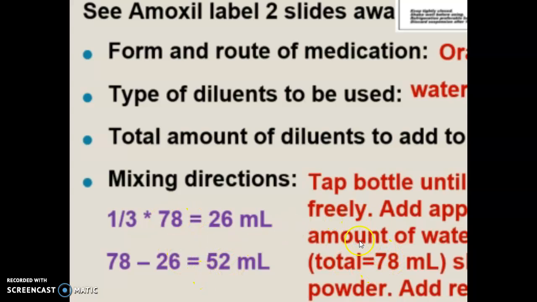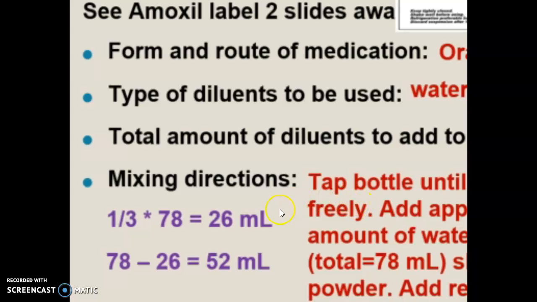We said we had a total of 78 mils, right? And we only need to add a third of it to start with. So all you've got to do in your calculator is do 1 divided by 3 times 78. And that should tell you 26 mils. So that's going to be your first mix. You're going to add 26 mils into the powder and shake vigorously to wet the powder.